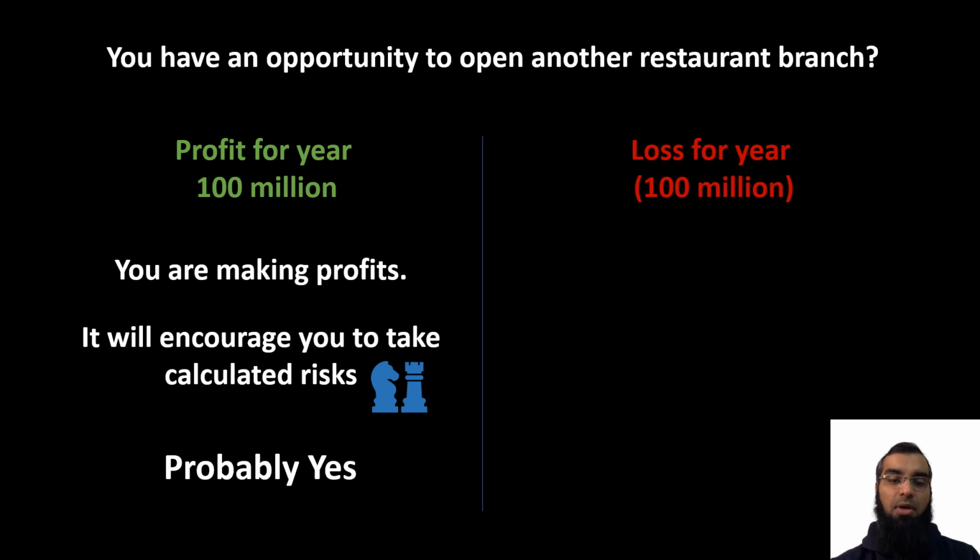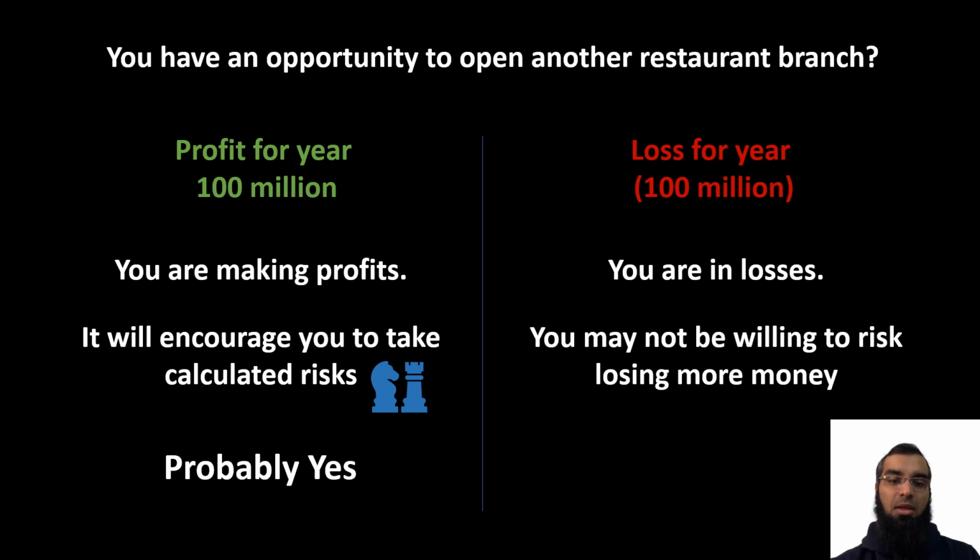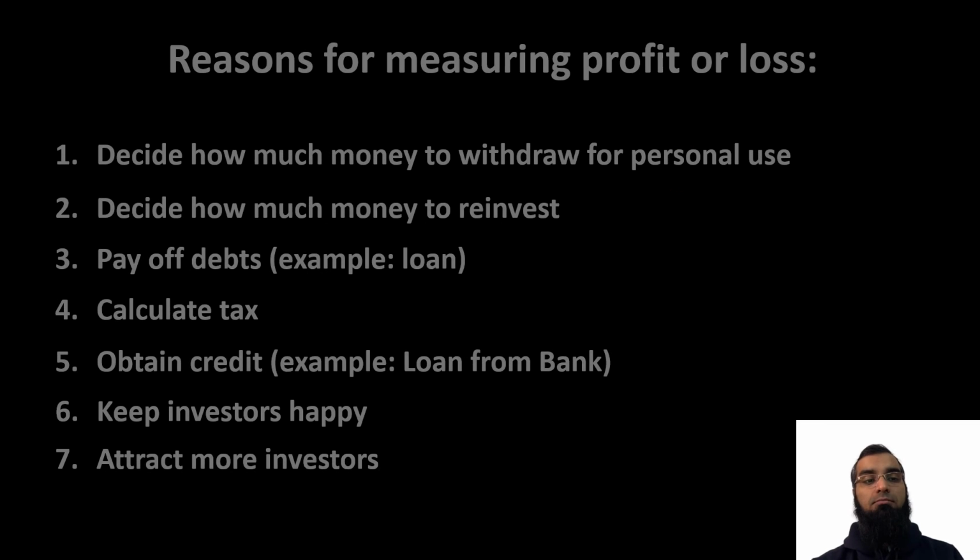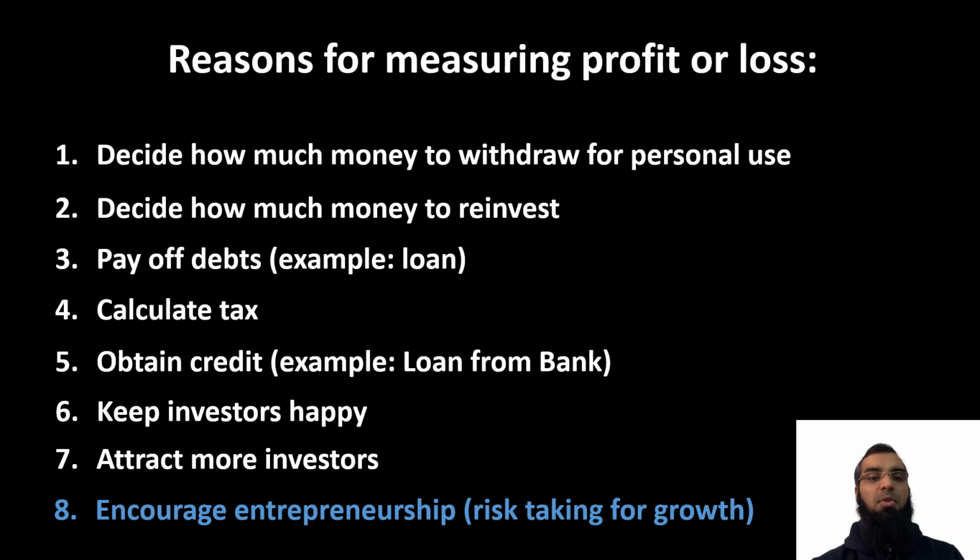But if we are already making a loss of 100 million, we would probably not be willing to risk even more money. So our answer would probably be no. So measuring profit or loss also encourages entrepreneurship. If we are making profits, we would be willing to take more risks. If we are not making profits, we would probably not be able to take that much risk.